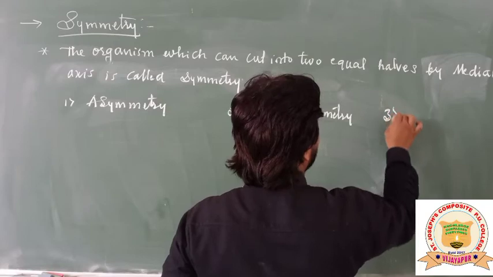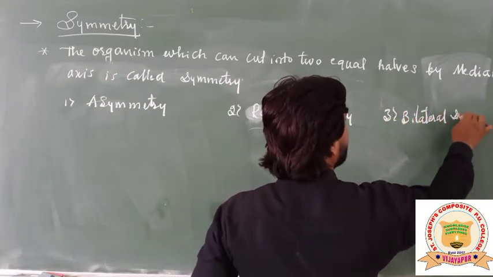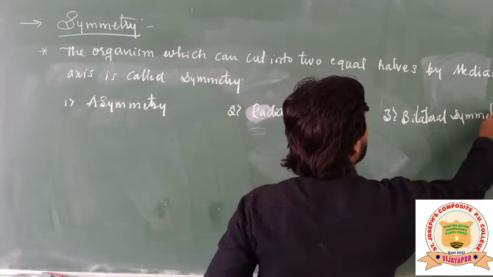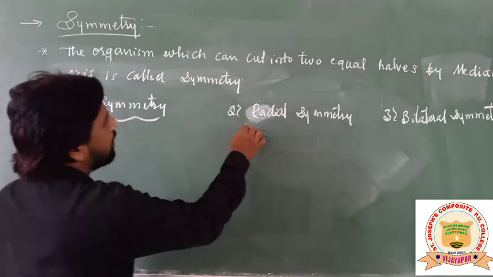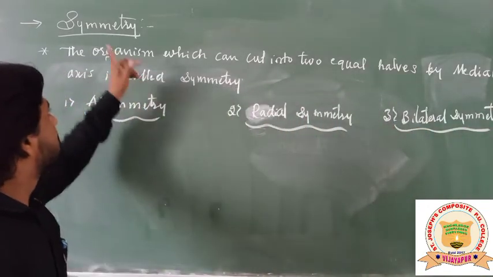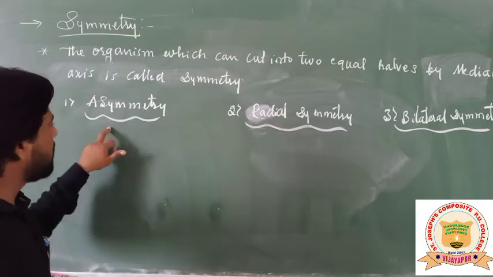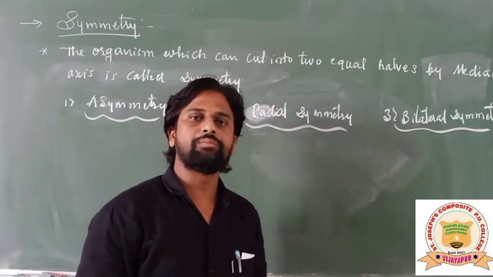And the third one is bilateral symmetry. So there are mainly three types of animals which are divided on the basis of symmetry: asymmetry, radial symmetry, bilateral symmetry.